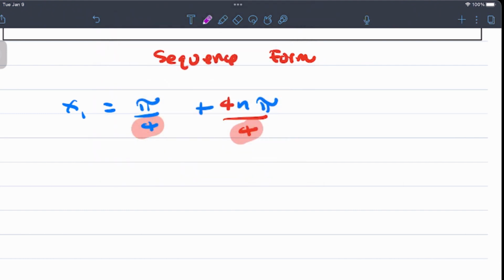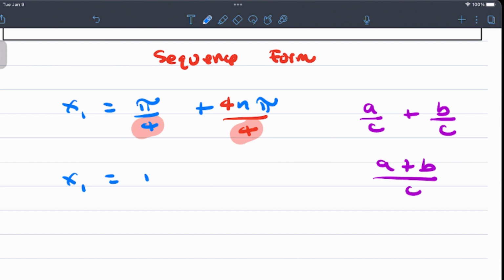What can we do? Do some arithmetic. A over C plus B over C, isn't that A plus B over C? Pi plus 4n pi. This is now over 4. Okay, you guys okay with that?